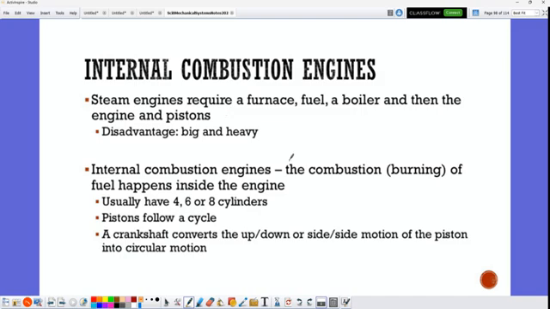The internal combustion engine: the burning of fuel happens inside the engine, which is called internal. It usually has 4, 6, or 8 cylinders. There is also one, and the new Ford Broncos use 3-cylinder engines, but there are also engines up to at least 12 cylinders, possibly even more. And the pistons follow a cycle.